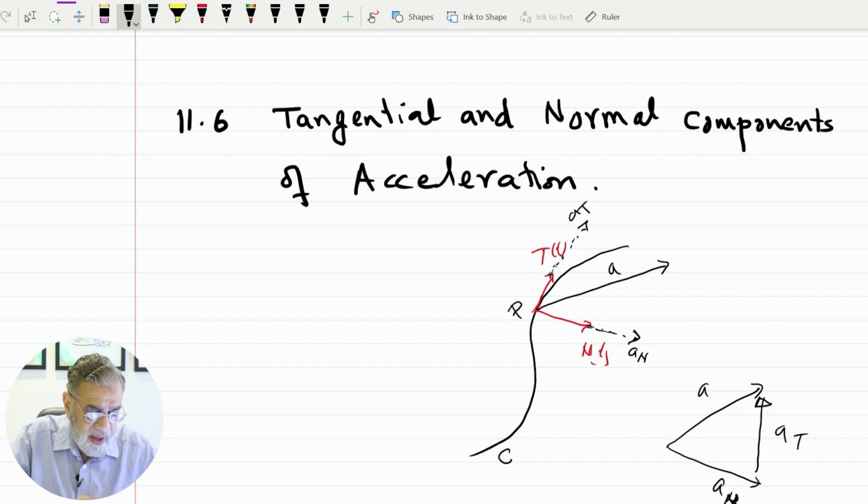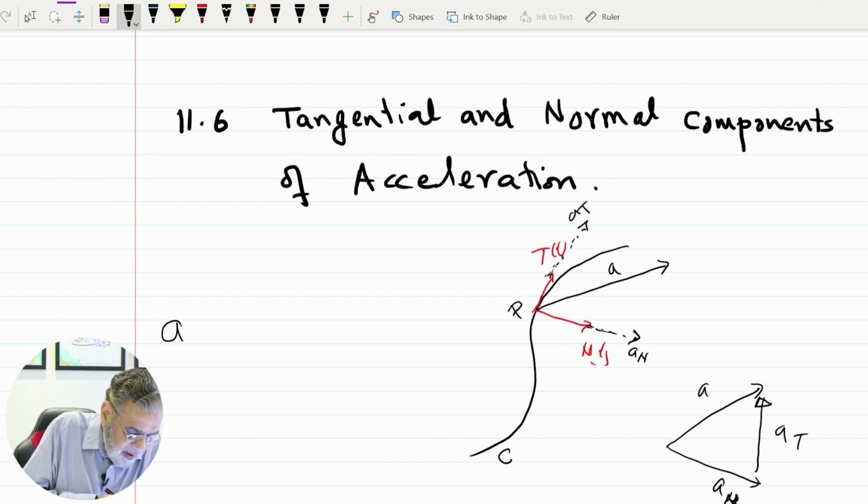This is N, and a_N is the normal component of the acceleration. So we can write A is equal to a_T T(t) plus a_N N(t).